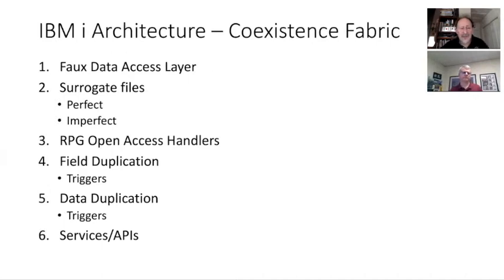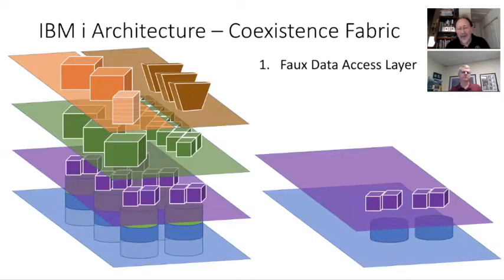So let's go through each of them in turn. For example, what we might have is, on the right, the old database, and on the left, the new architecture and the new things. So maybe I have something in the layer that's the business processes, the green layer, and I need to talk to a database. Traditionally, we would have a chain or a read, and we're now using something different.